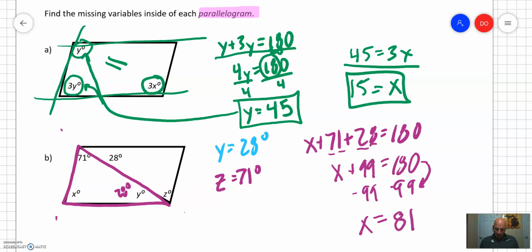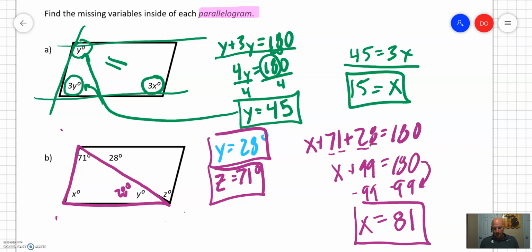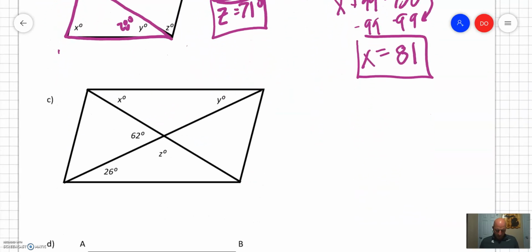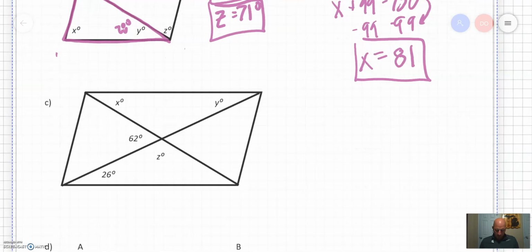And now we have our solution. We have x is equivalent to 81, we have z is equivalent to 71, and we have y is equivalent to 28.